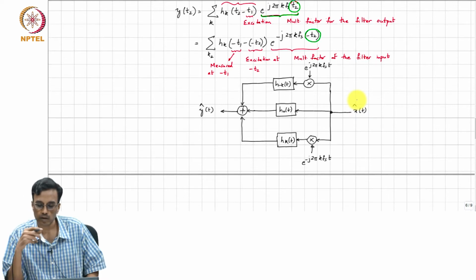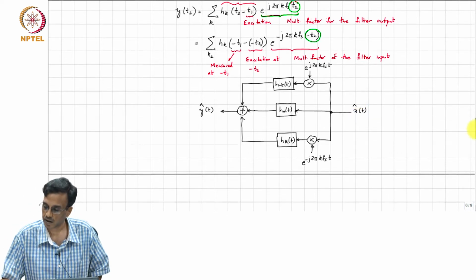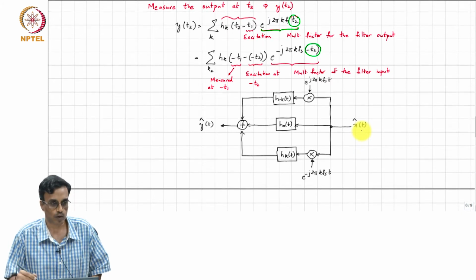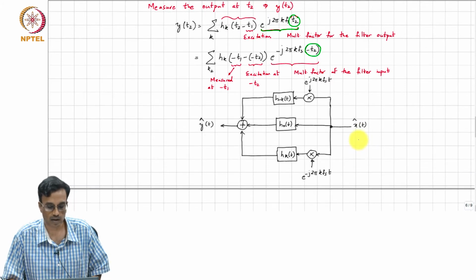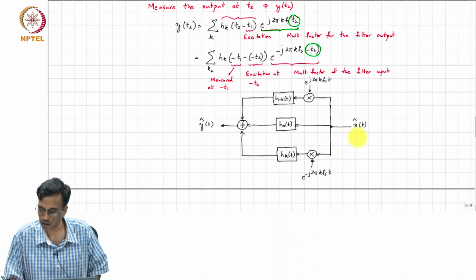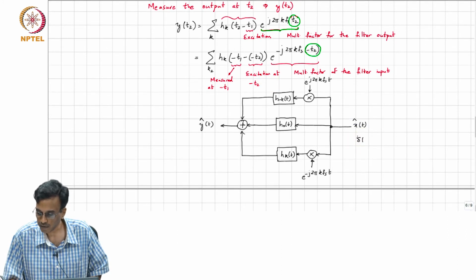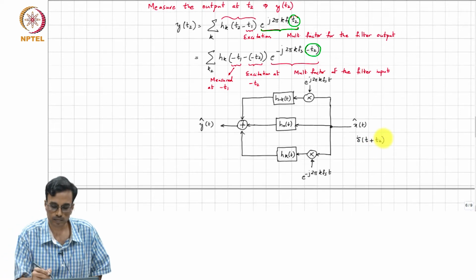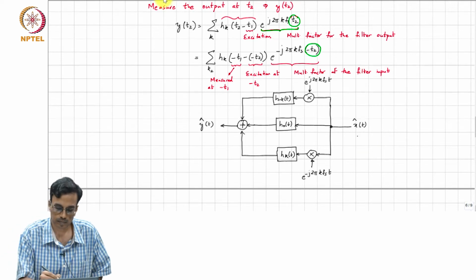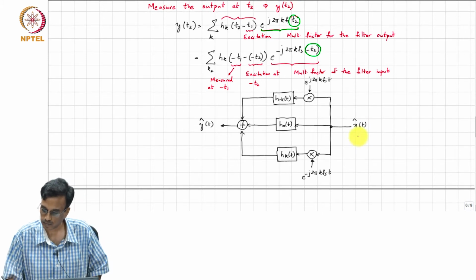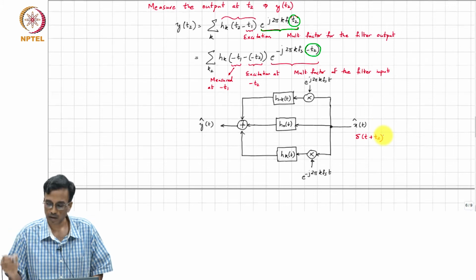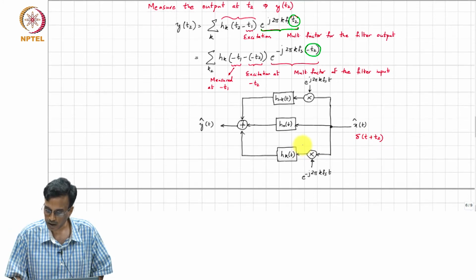Okay. So, what is it saying? If I apply an impulse at minus t2, so this is delta of t plus t2, let us verify this again. What do you get here?